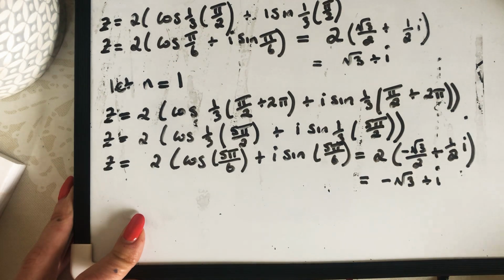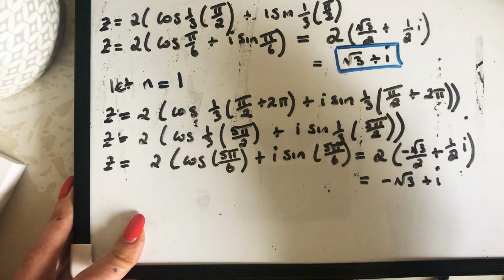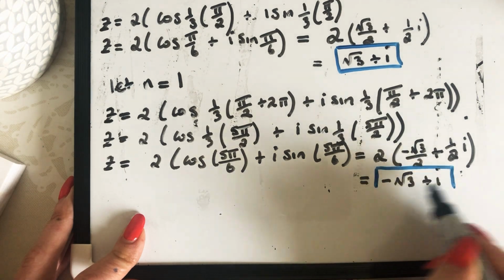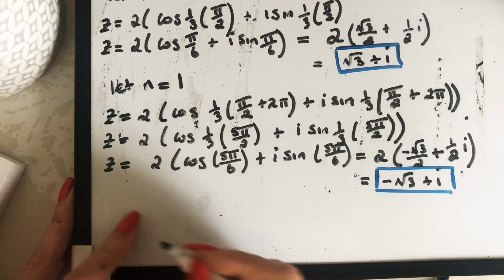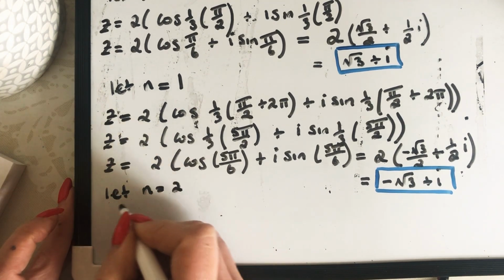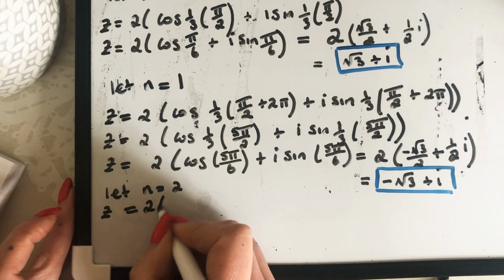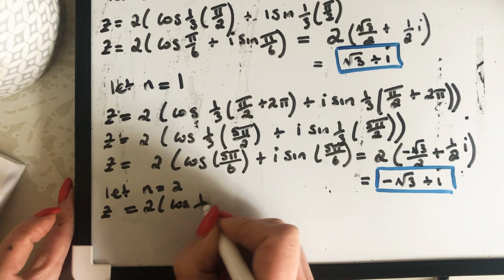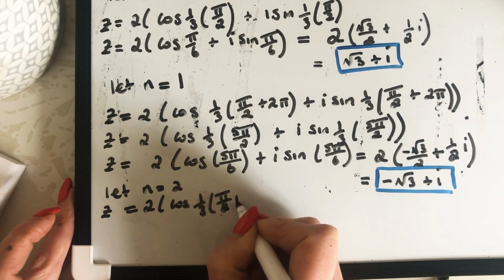So far we've got two roots. We've got root 3 plus i, and we've got minus root 3 plus i. Now let's find out the last root. So let n equal 2. So that's equal to 2 cos 1/3 pi over 2 plus.